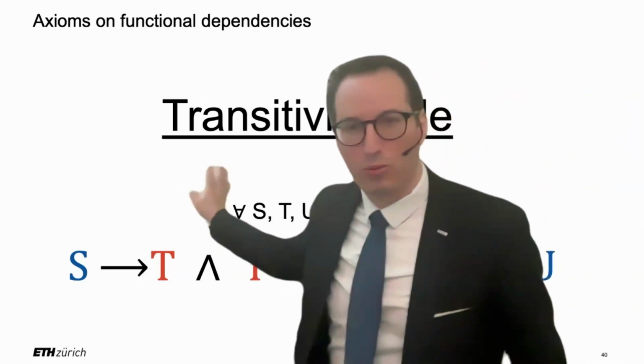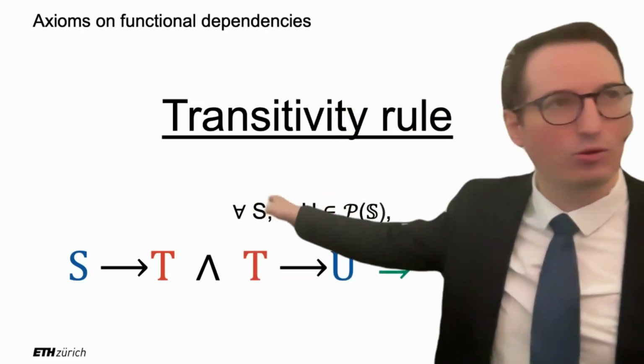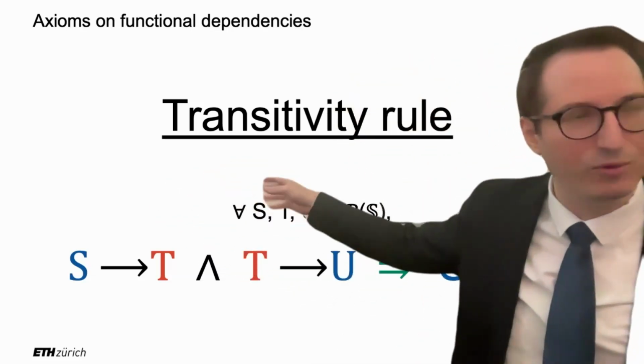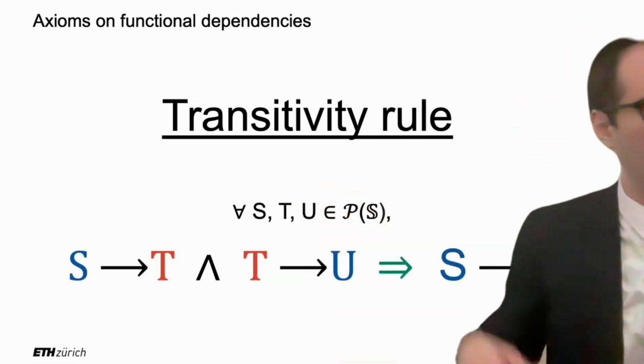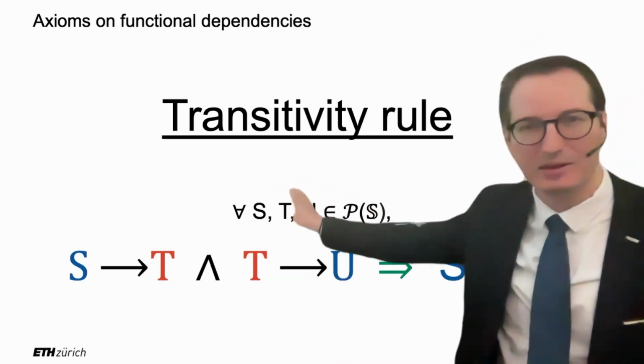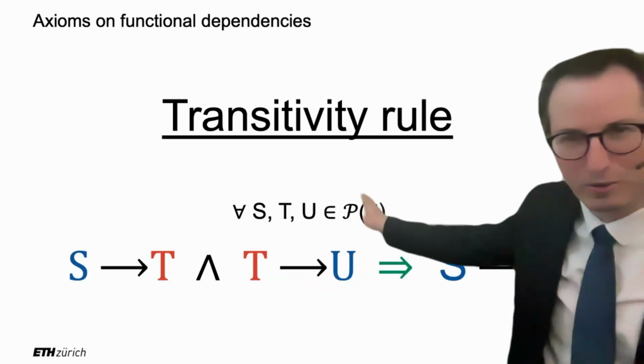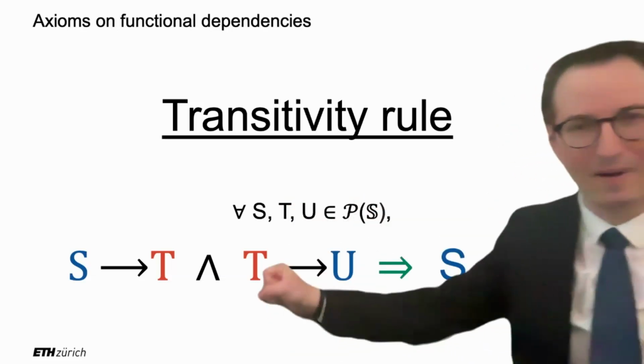It means that whatever S, T and U are, they are sets of attributes. S could be, for example, A and B, T could be C, D, E, and U could be F, right? Any sets of attributes, that's just a scary way of saying that they are sets of attributes.